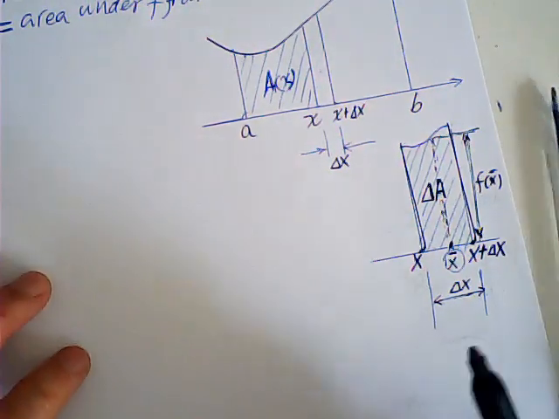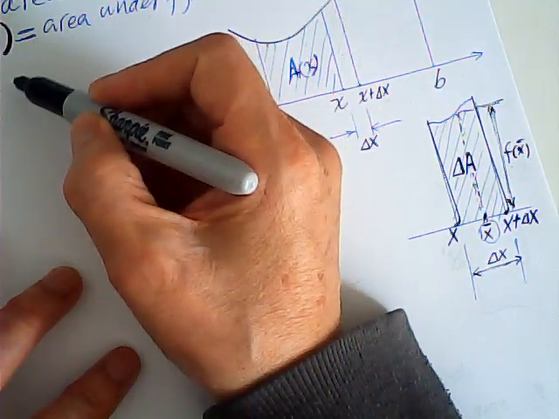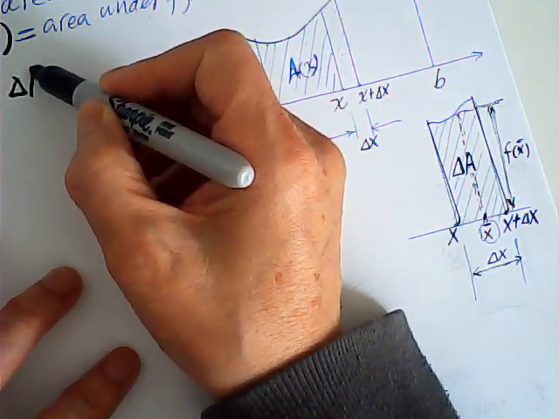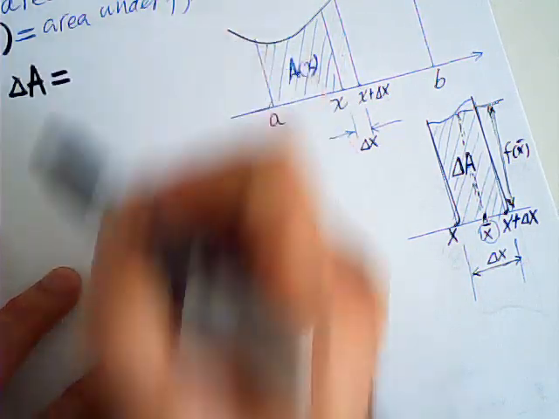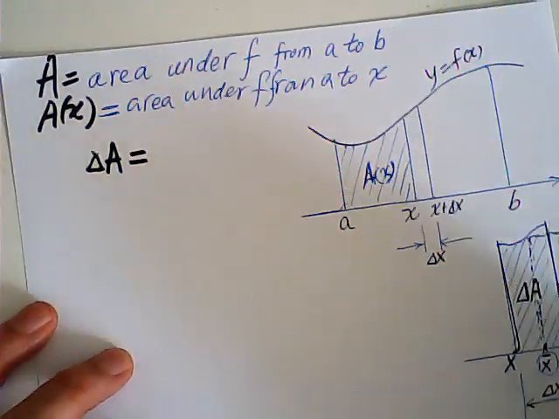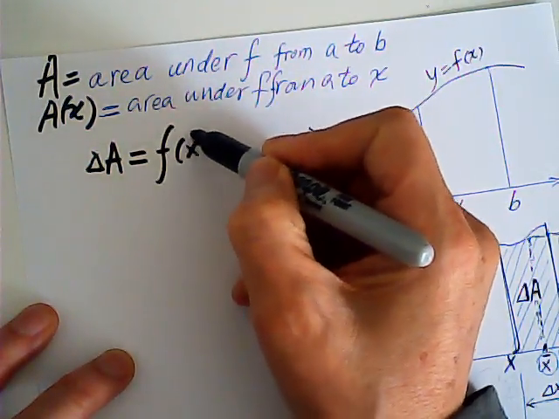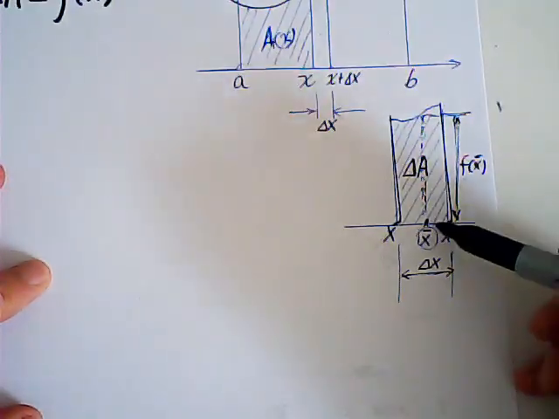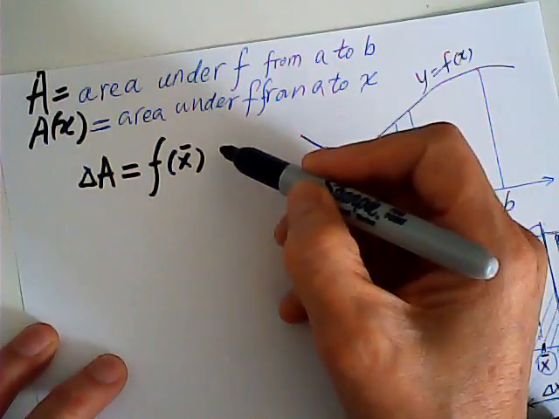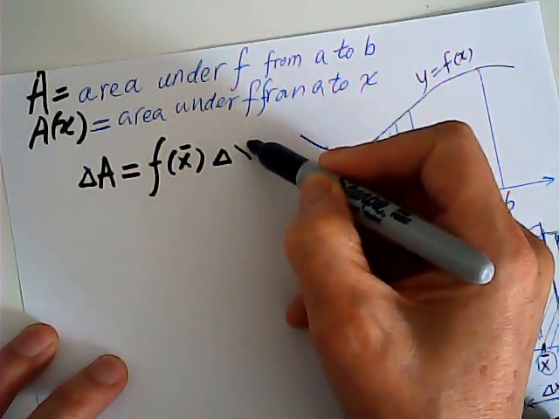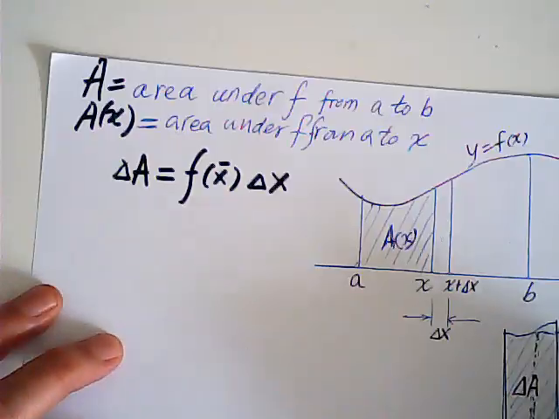Then this delta A, that area, is equal to the height, which is f of x bar, somewhere in x bar, times delta x, right?